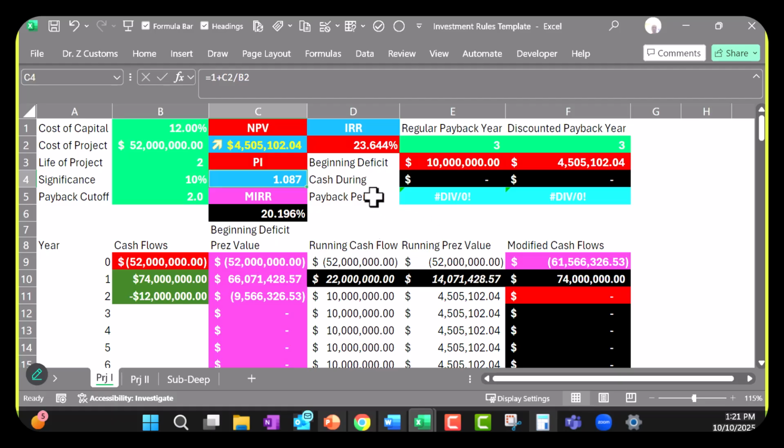You know what we do in these situations, right? We calculate the modified IRR, which this template calculates automatically. The way we do this, we modify the cash flows so that negative future cash flows are zero, but present values of those are added to the initial cost. So the initial cost of this is 52 million.